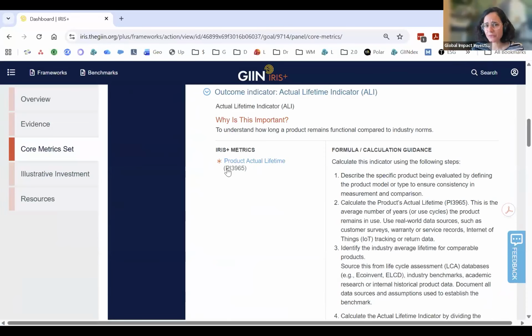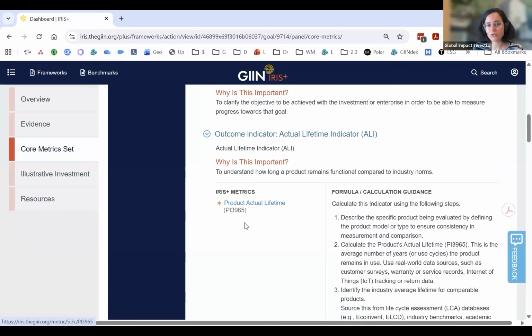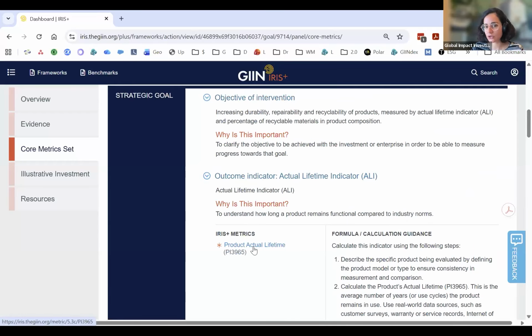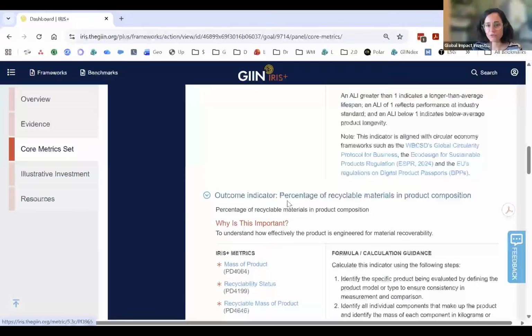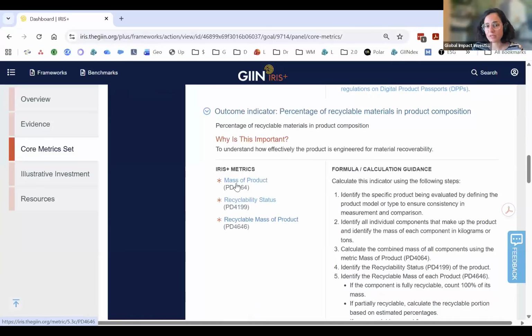One is the area on the left, which shows you a list of the metrics that you need data for in order to calculate the indicator. So here is actually just one metric, the product actual lifetime. But for the case of the percentage of recyclable materials in product composition, there are three metrics: mass of product, recyclability status, recyclable mass of products.